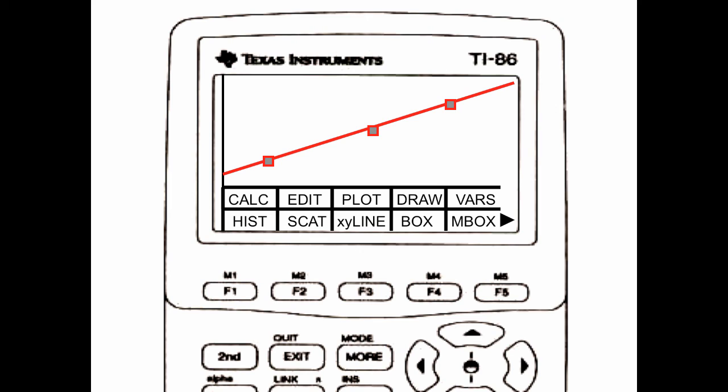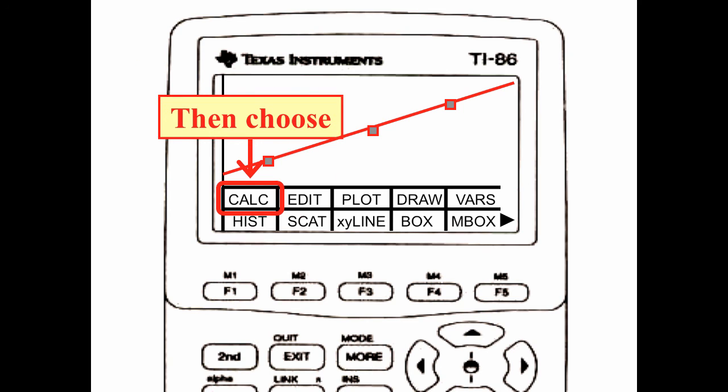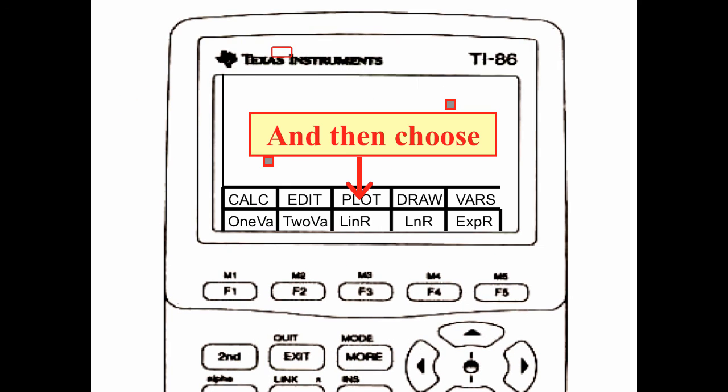And in this case, our sample data looks like it certainly could be linear. So in that case, what we will do is calculate a linear regression line. So we'll go to Calculate, Linear Regression, LINR. On some calculators, it'll automatically do a regression line of the data that you entered.